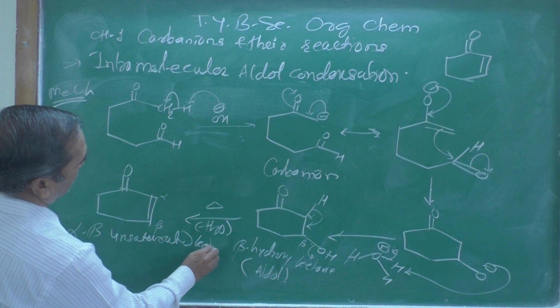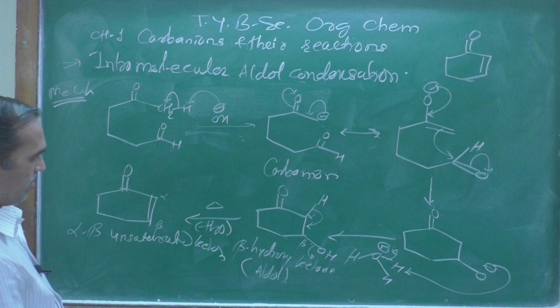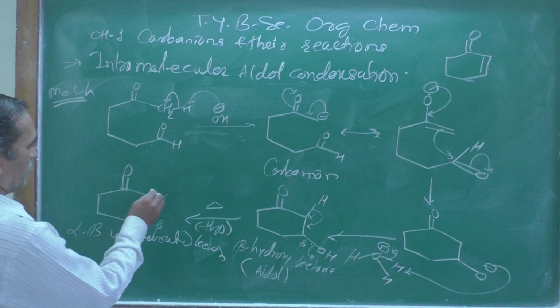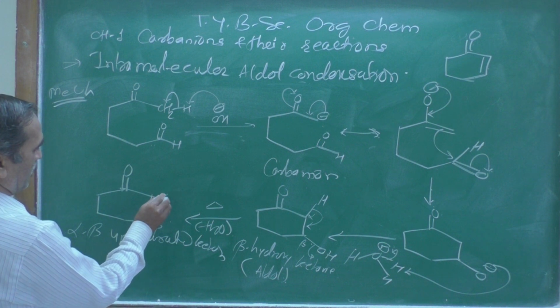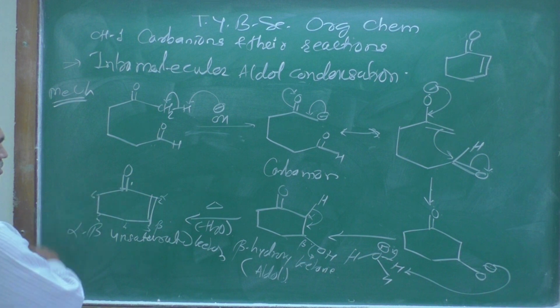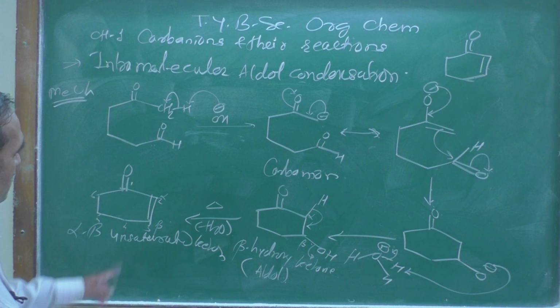ketone. The name of this compound is, what is that? Numbering 1 2 3 4 5 6, it is cyclohexene-3-one.